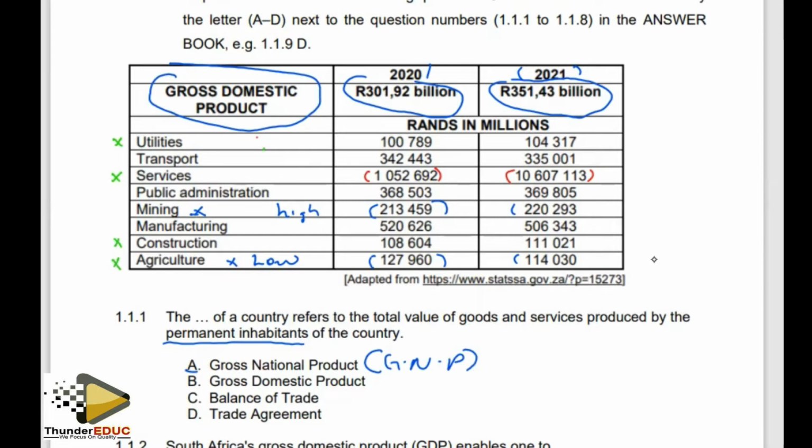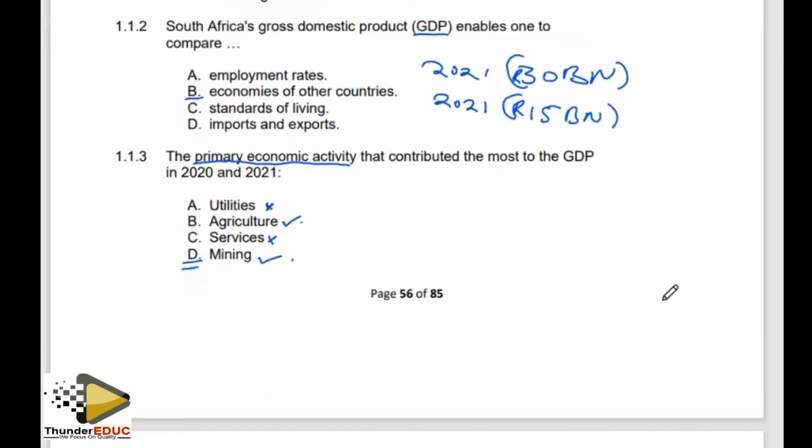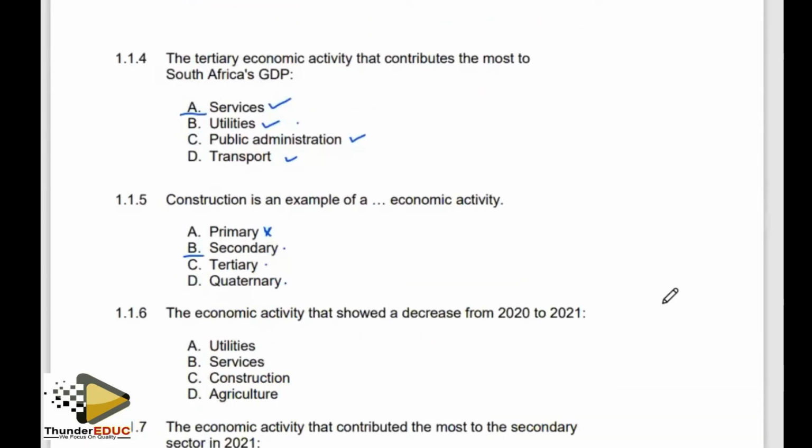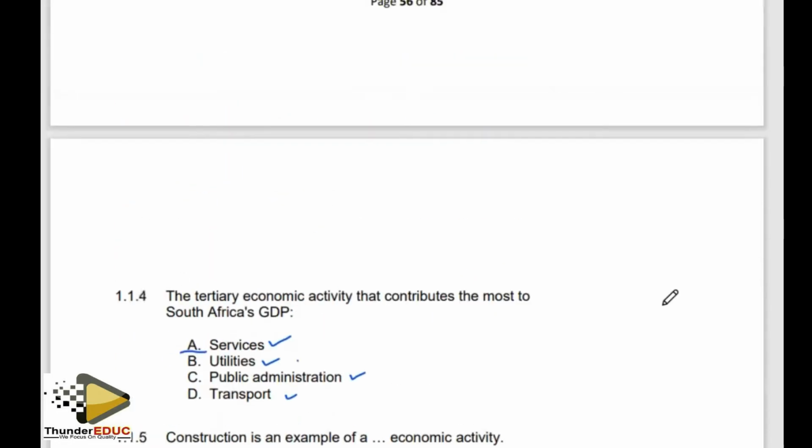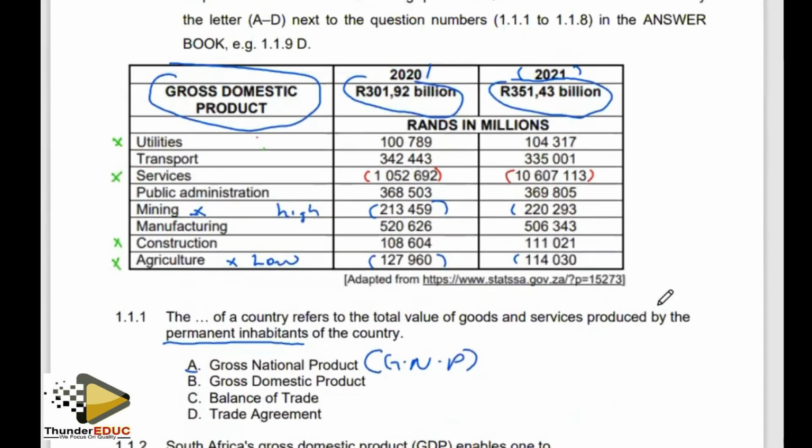So the question is asking which economic activity showed a decrease from 2020 to 2021. Let's start with utilities.